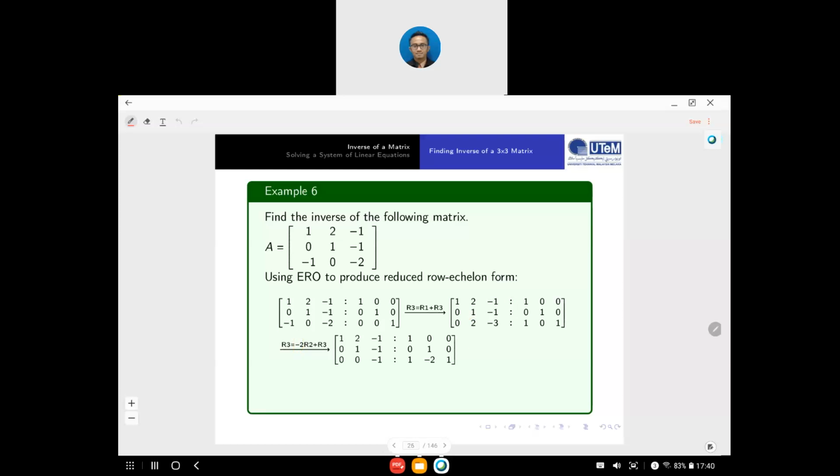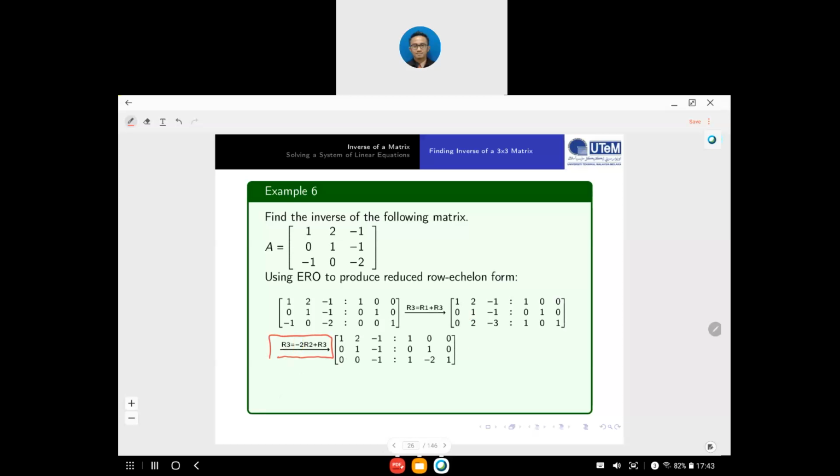Okay, so now, R3 equal to negative R2 plus R3. Okay, so 0 times by negative 2 is 0.